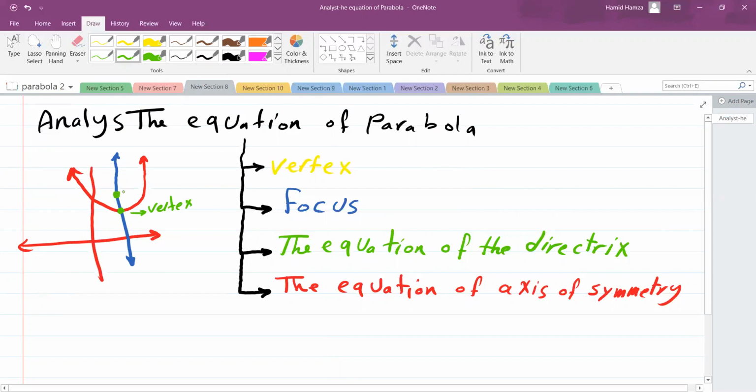So this point is the focus. And we have a line here parallel to the x-axis and cutting the axis of symmetry. So this line is the directrix. So these are the four things which I look for when you are given an equation. He will ask you to analyze by writing these four things.